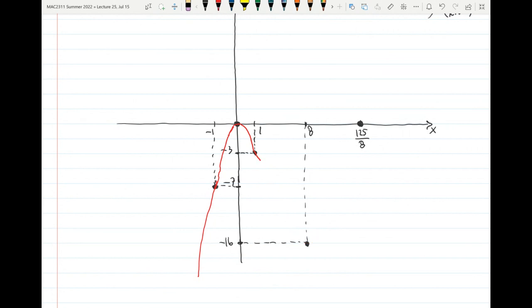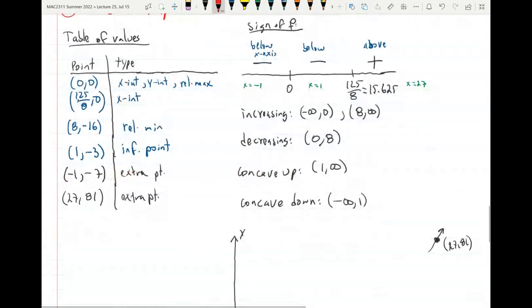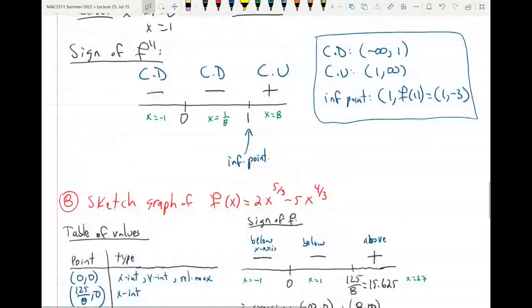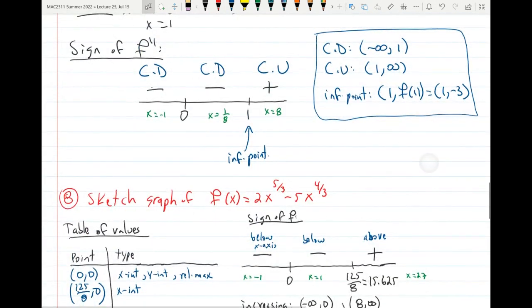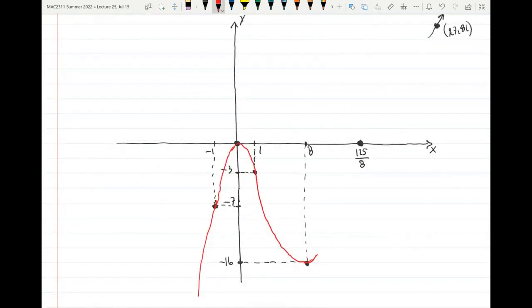So we have to do this in a concave up way. And then after 8, our function starts increasing, right? Because now the function is increasing from 8 to infinity. So now it's increasing all the time. And notice that after x equal 1, we are concave up all the time. Now we go increasing like that.